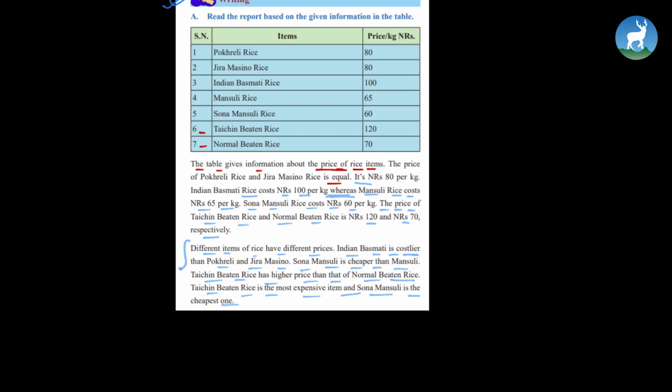So we did a quick analysis of this information provided in the table and wrote this long description about the table given. So this is how you write a report based on the information provided in the table. So here is an assignment for you all.